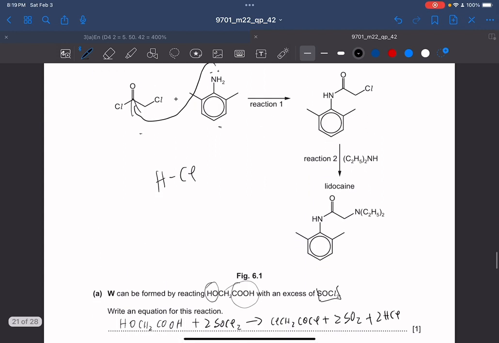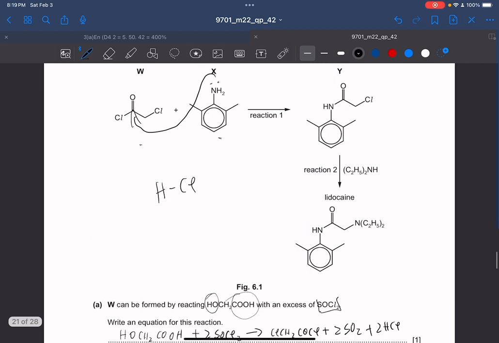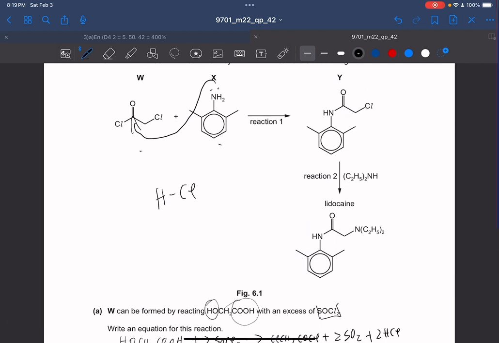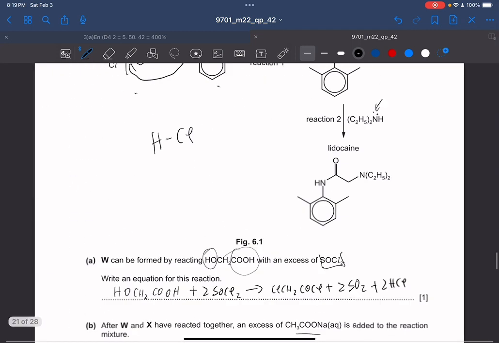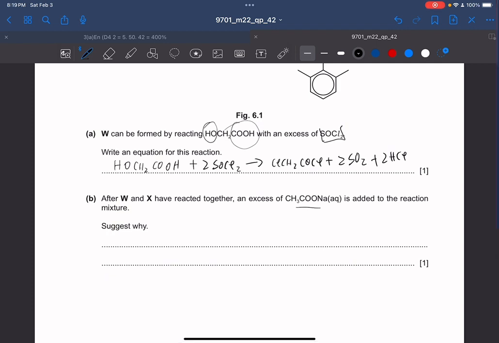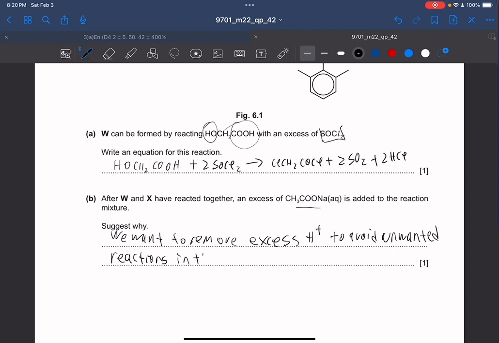And for us to do the next reaction, we don't want it to be acidic, because if it is acidic, it could potentially react with the lone pair over there. That's unfavorable. So what we're going to do is basically explain that. We want to remove excess H plus to avoid unwanted reactions in the next steps. I think in the future is a little bit vague.